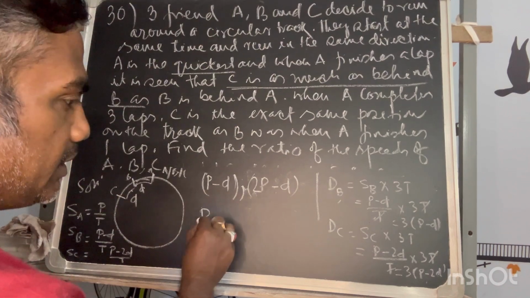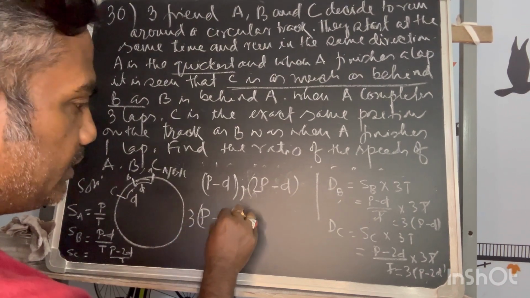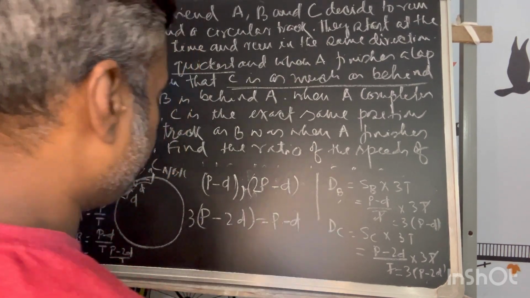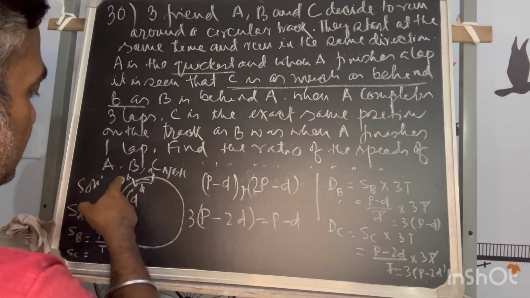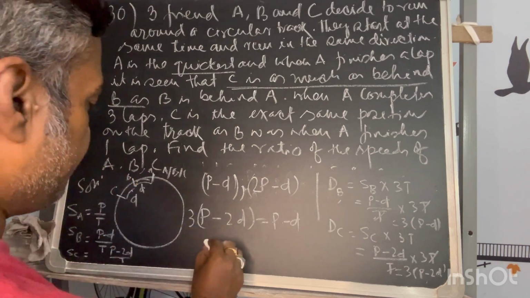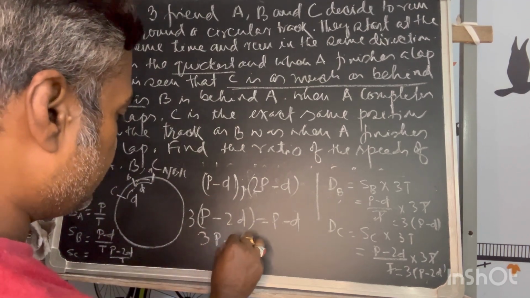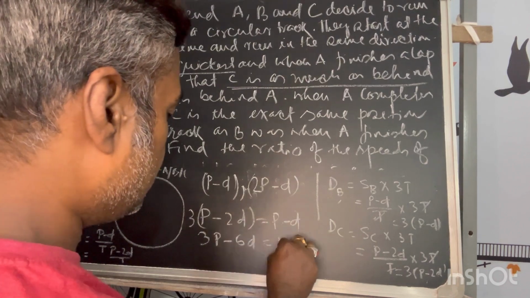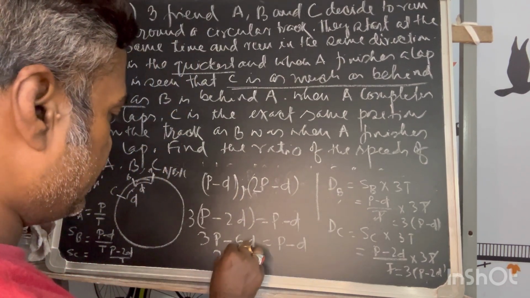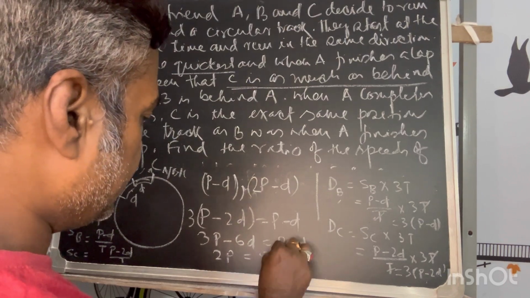Now I may equalize 3 into P minus 2D for the first case. If I equalize, this will be the one condition when he will get the position of B when A completes the first lap. So 3 into P minus 6 into D is equal to P minus D. So this is equal to 2P is equal to 5D.